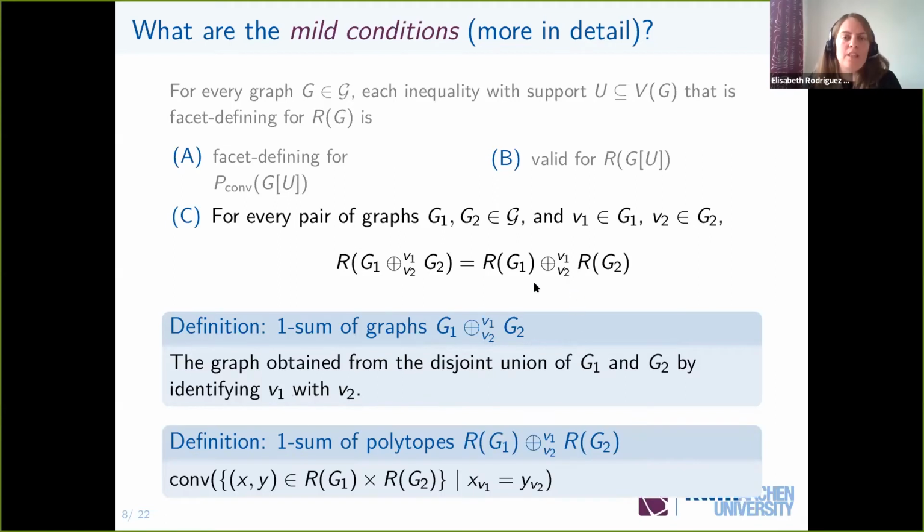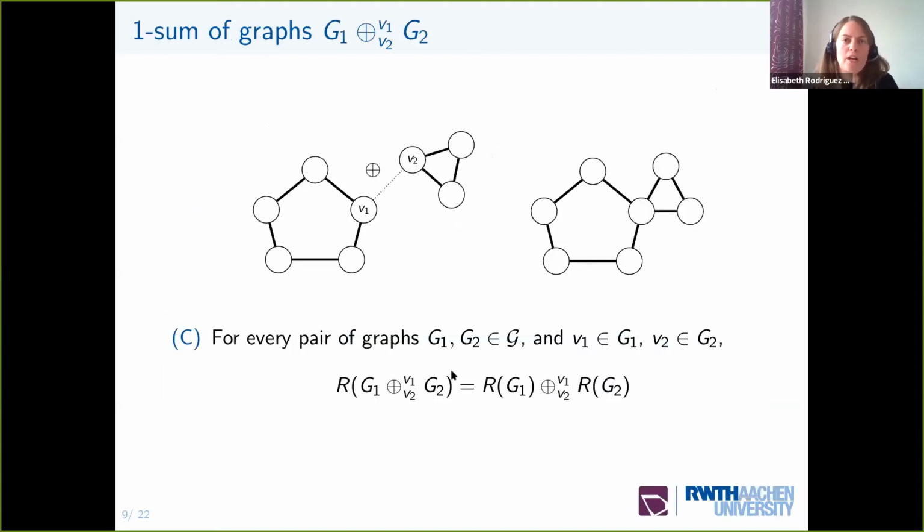And when we apply this operation one sum to the corresponding polytopes, we define it as the convex hull of points x, y in the Cartesian product of R of G1 times R of G2, where we identify the variables corresponding to V1 and V2. So when we apply the one sum to graphs, we identify nodes. When we apply it to polytopes, we identify, so to say, the corresponding variables.